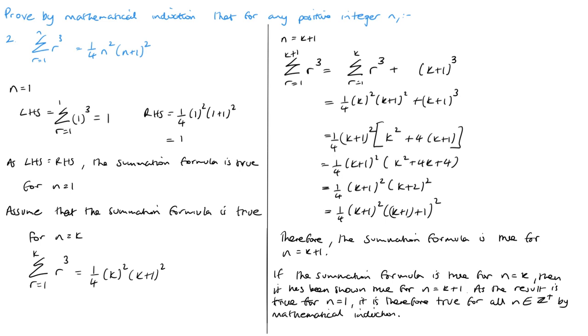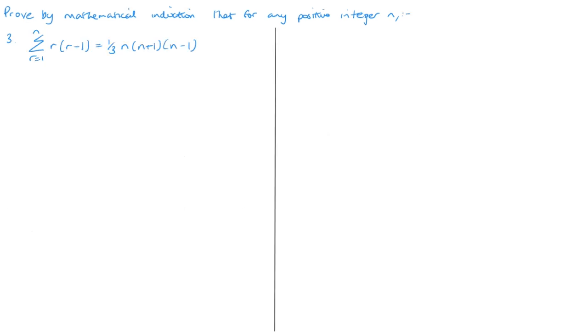Now let's have a look at question 3. So same start as always, n equals 1. So let's look at the left hand side first. This is r, 1 minus 1. So that's going to be 0.